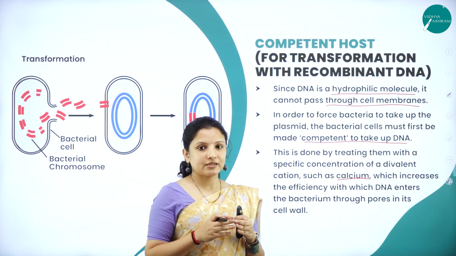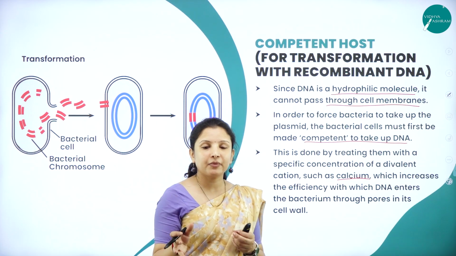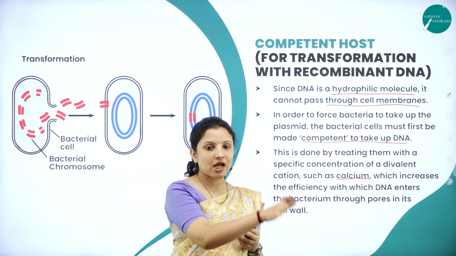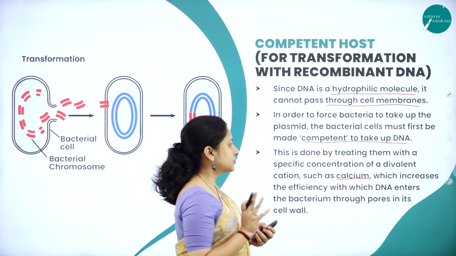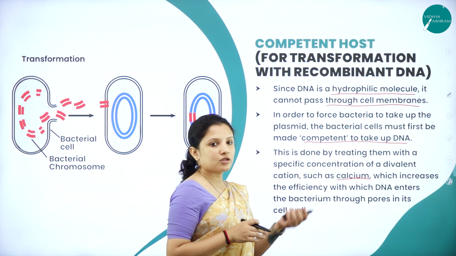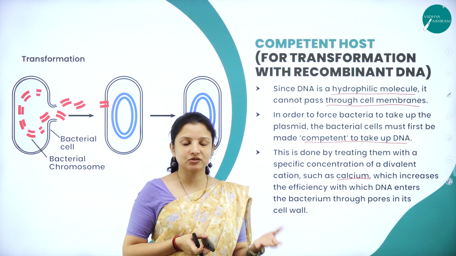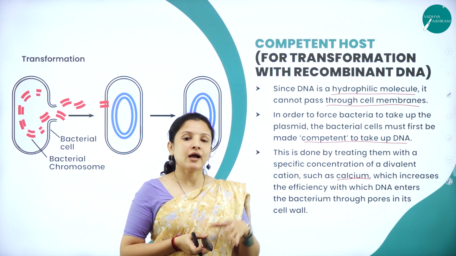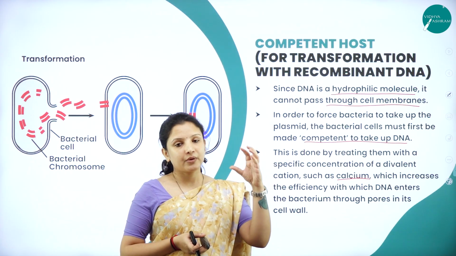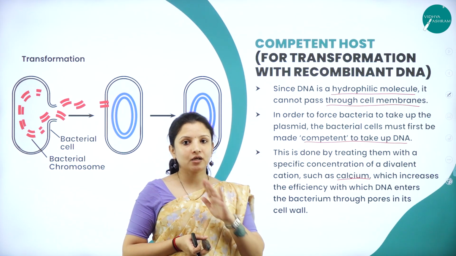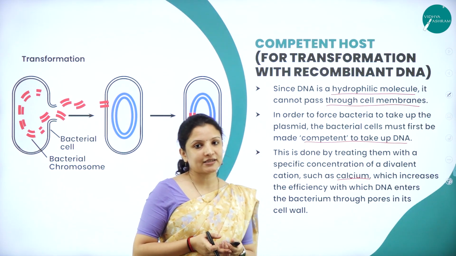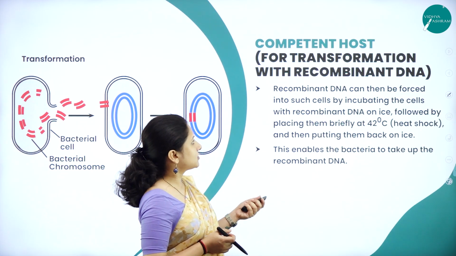Once it is treated with calcium, it will be capable of allowing the foreign DNA to enter into its cell. Therefore, pores will be formed on the cell wall of the bacteria when it is treated with calcium, and through those pores, the foreign DNA can enter and get incorporated in the plasmid of the bacteria. So that is how it is done.